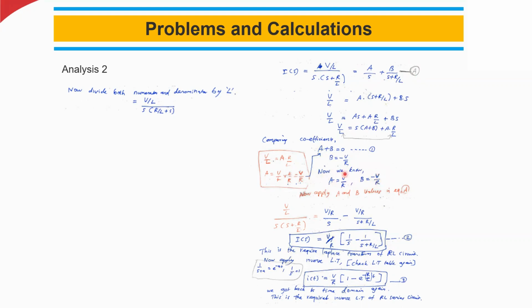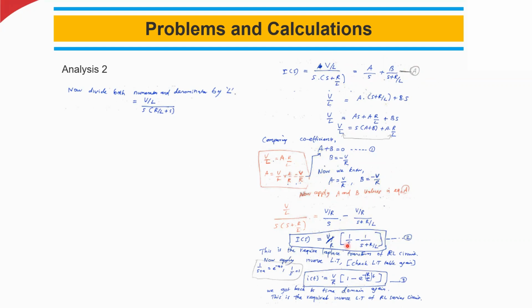So I'm going to apply these variable values in this equation. How will the equation become? We know the left side of this equation is V divided by L, the whole divided by S times S plus R divided by L. I write the same thing here again, and here A and B, I have the values: A is V divided by R, B is minus V divided by R. Then I do some mathematical simplification of the same equation.